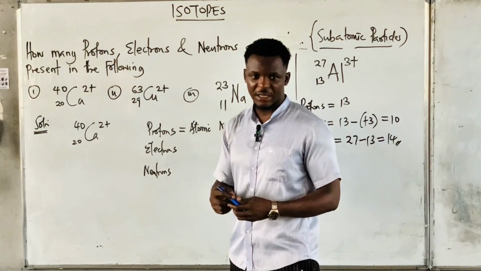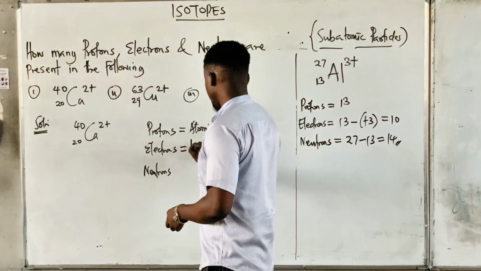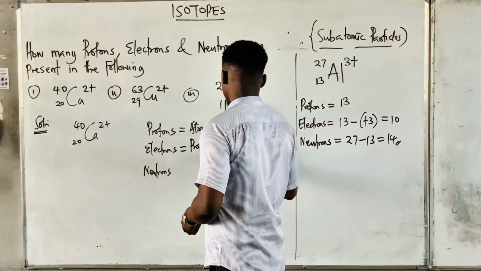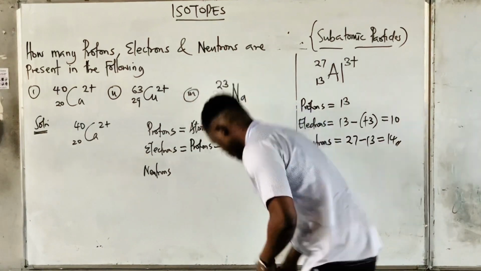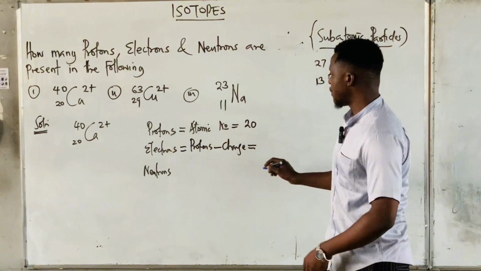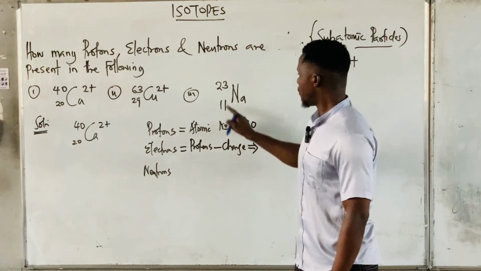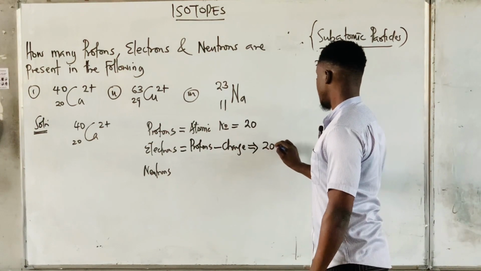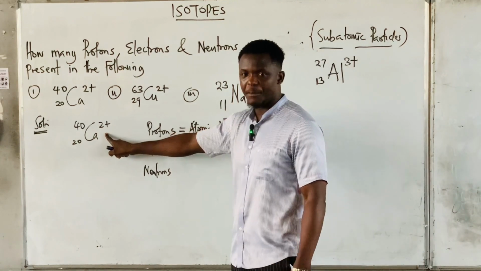Electrons has a formula, which we're going to say protons minus what? Charge. Now, what is a proton here? The proton here is how many? 20. Minus, what is the charge on this compound?